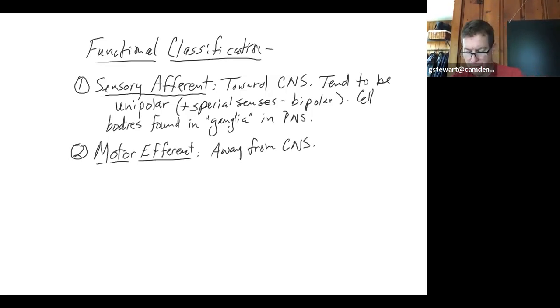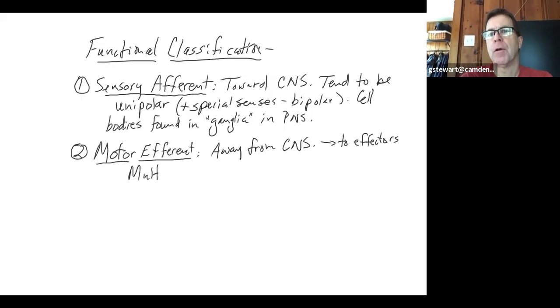That's first and foremost. And they carry impulses to what we call effectors, which would be muscles and glands, effector organs. These tend to be multipolar in structural classification.